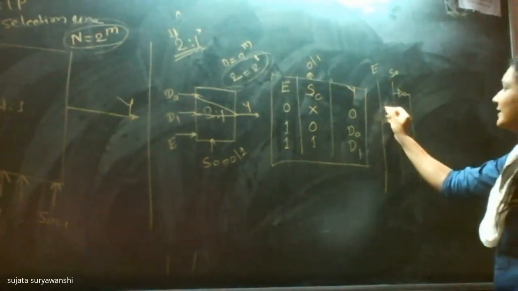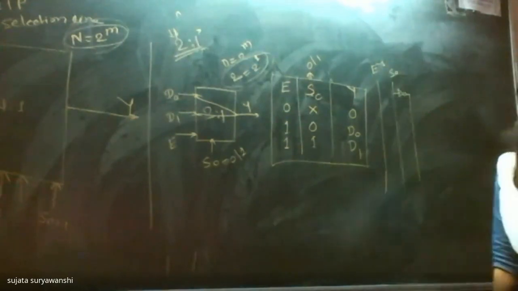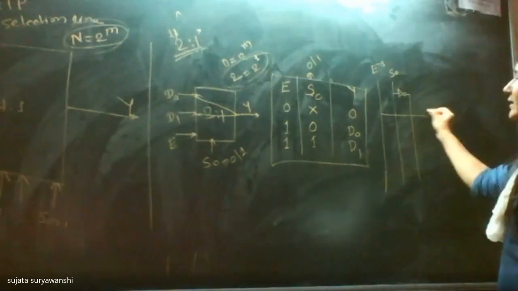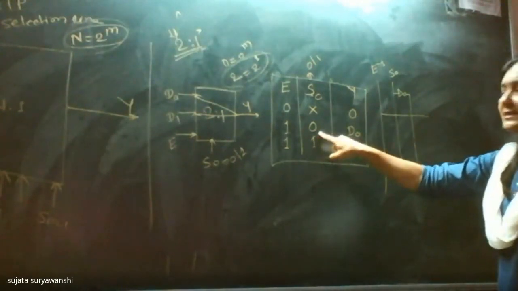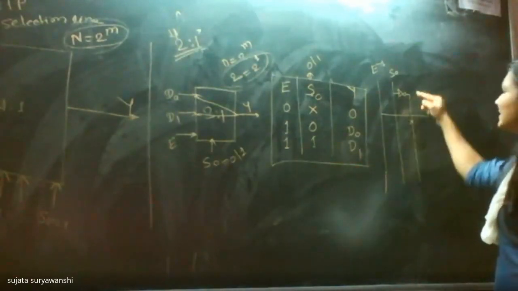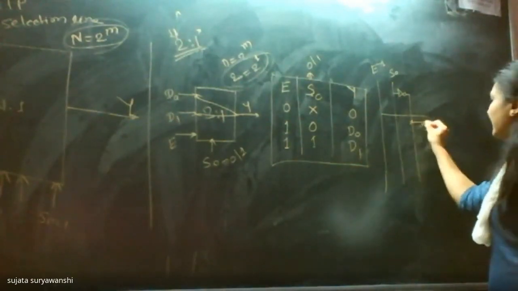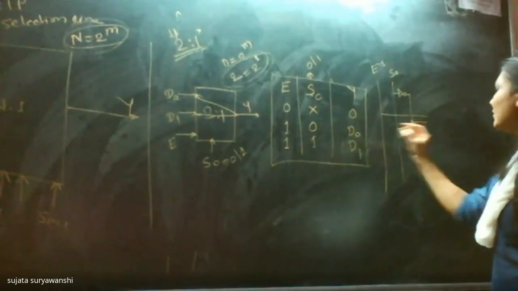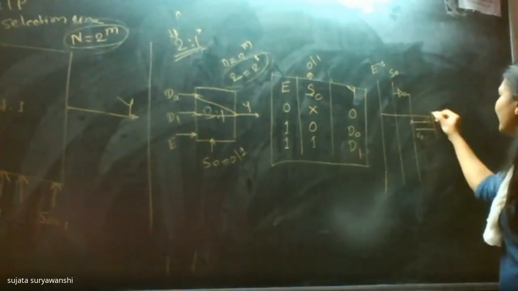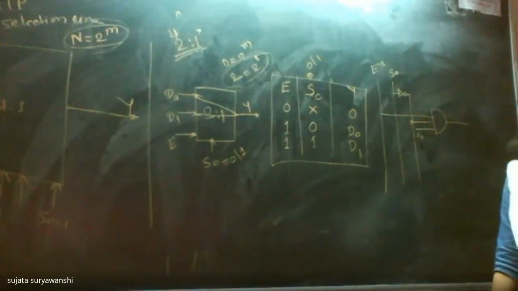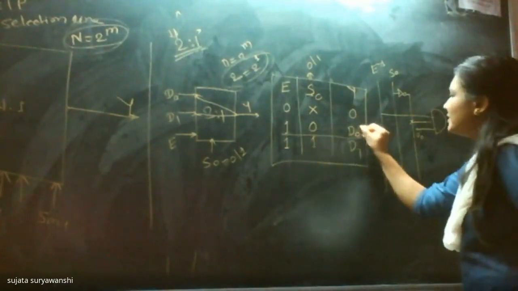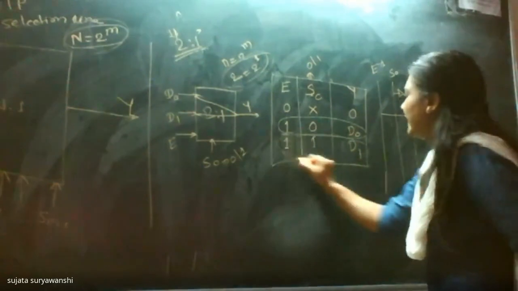So if E is equal to 1, then take one line from E, take another line from S0. S0 is equal to 0, 0 means complement form, means NOT gate output. And then another will be D0. Take another line from this D0 input and use one product term, that is an AND gate. Okay, and another term. This is your first term and this is your second product term.